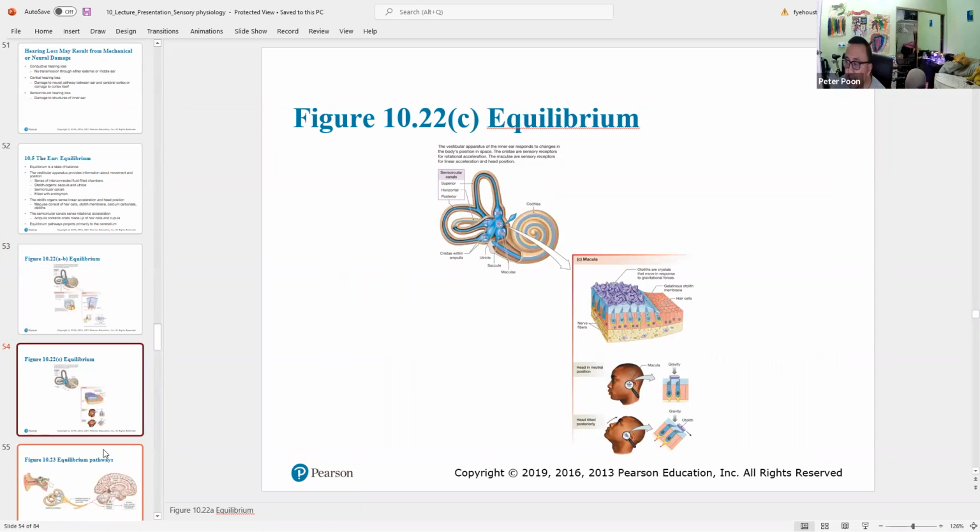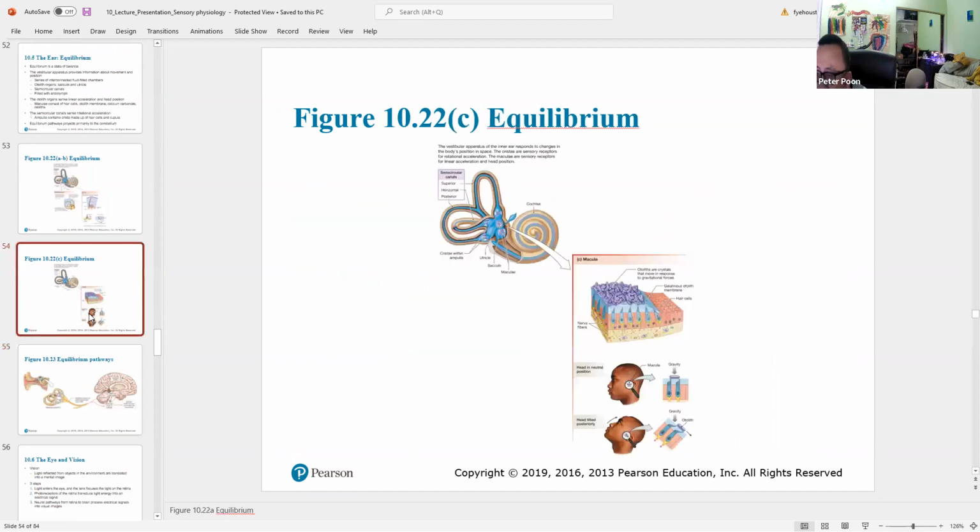Let's talk linear equilibrium first. Linear equilibrium is located in the utricle and saccule, and they look exactly the same. They have all these little otoliths, which are little knots of calcium.